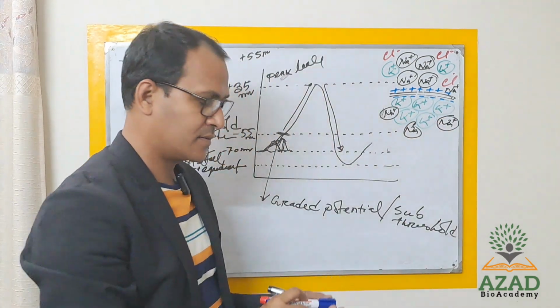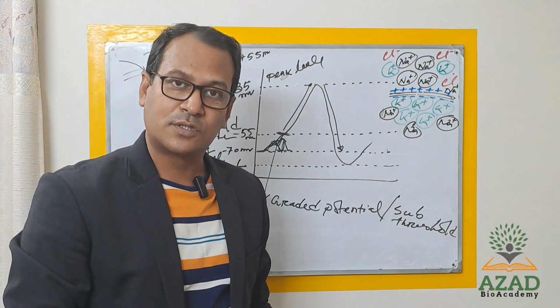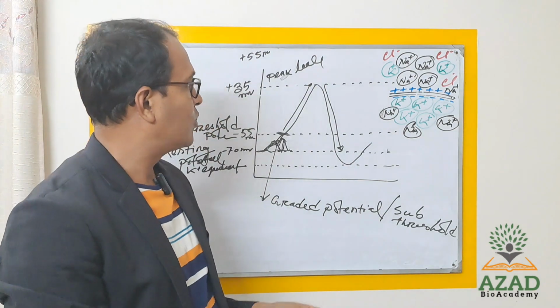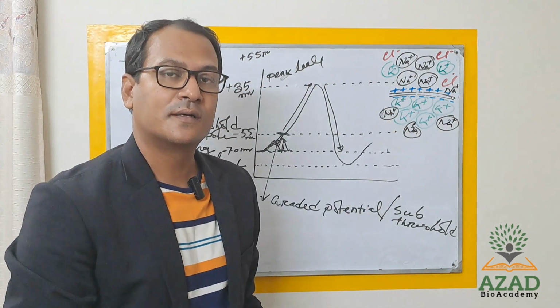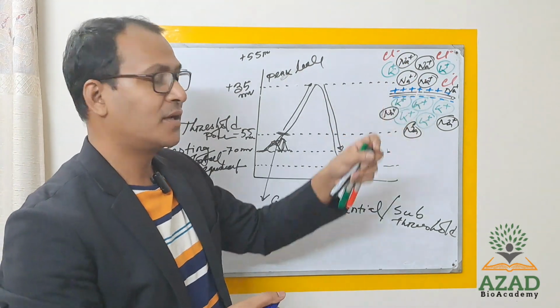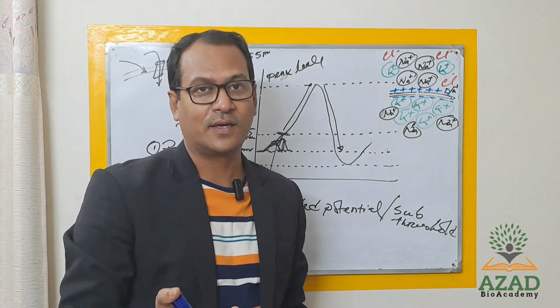Why is it like that? Sodium is a positive charge and potassium is also a positive charge, so why is the sign outside of the cell positive and the potential inside negative?